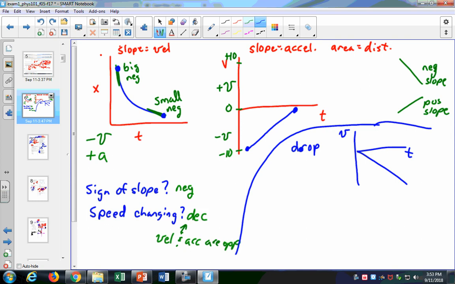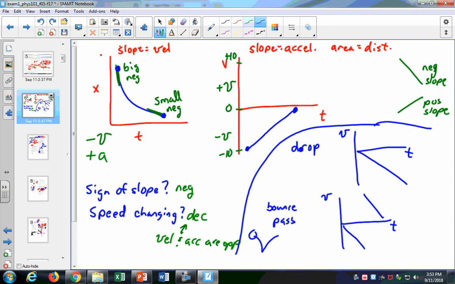The acceleration is negative. The bounce pass, that's where you take a ball and you drop it like that and it bounces up. The V versus T looks like that, right? Where you have that discontinuity at the bounce.